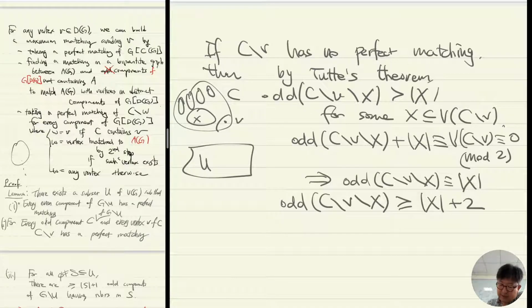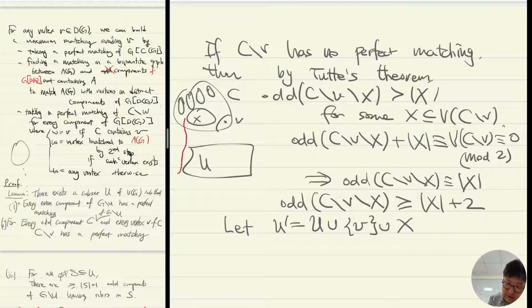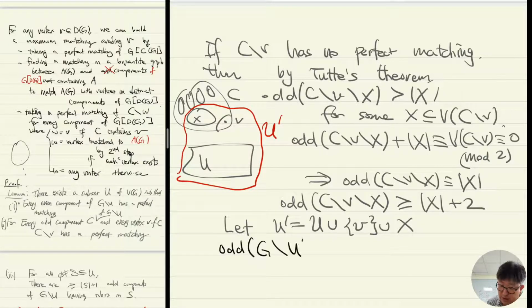Now, let U prime be U union V union X. Now this will be my new set U prime, and let's see what happens. The number of odd components in G delete U prime minus U prime is equal to, okay, so the number of odd components in G delete U prime.